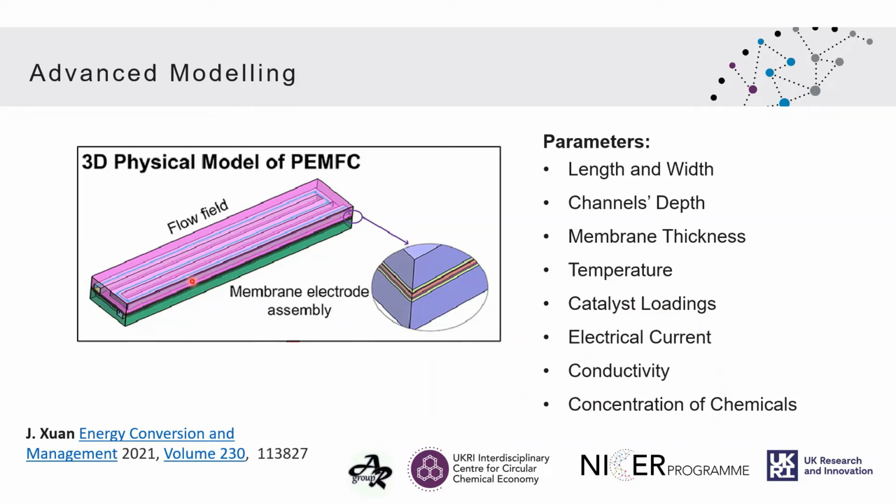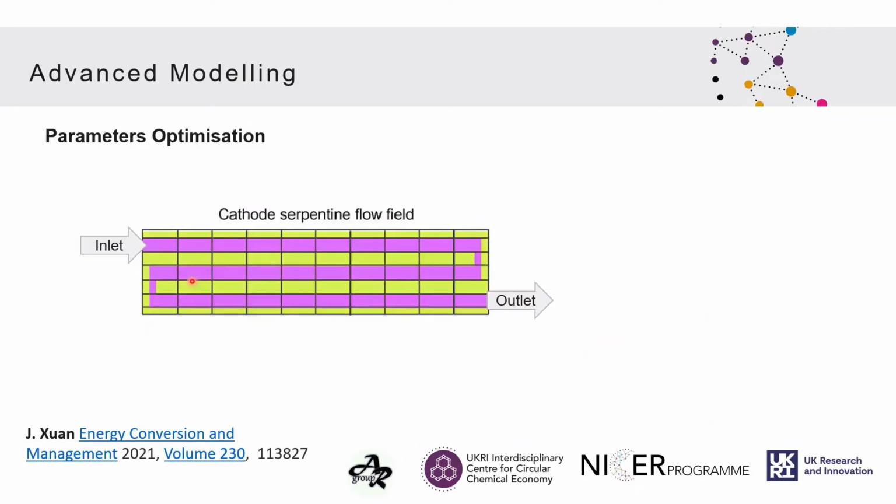So then we need to optimize these parameters. One could think, okay, this is the top view of our fuel cell, inlet and outlet. We will have our reactants going through this serpentine. We can divide the serpentine into different fragments and analyze the concentration of chemicals, the temperature, the gradients along the reaction flow.